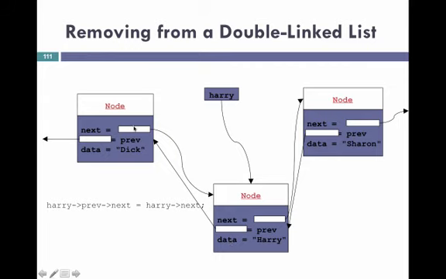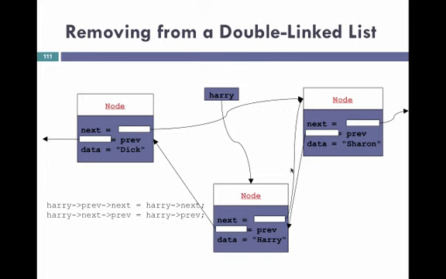Arrow next is this data field here. And we're going to assign that Harry next. So Harry next points to Sharon. We're copying this pointer here, and we're going to replace this field here so that Dick now refers to Sharon as the next item in the list.